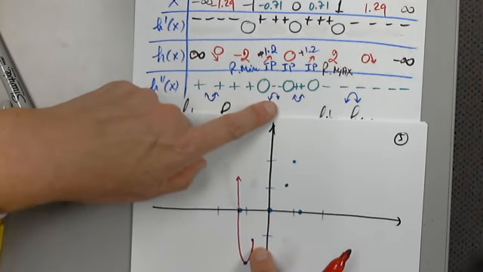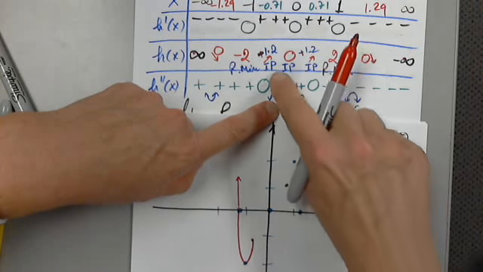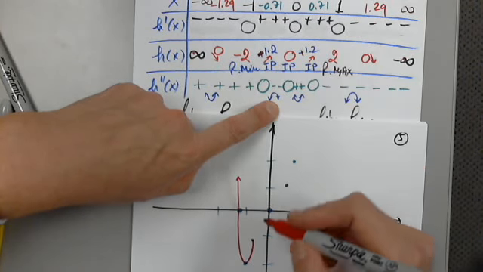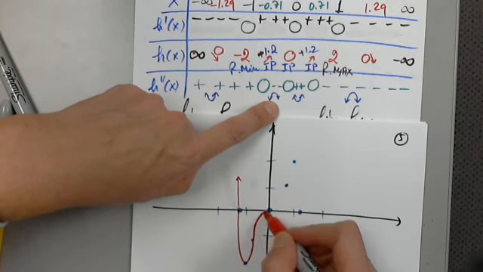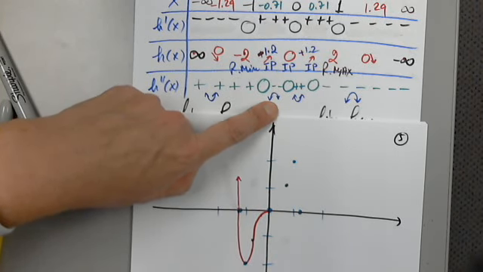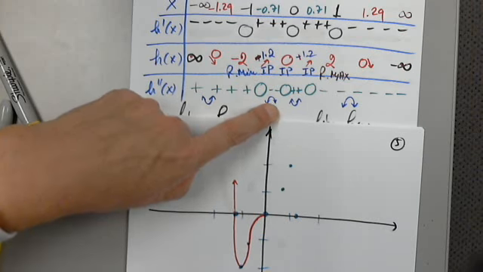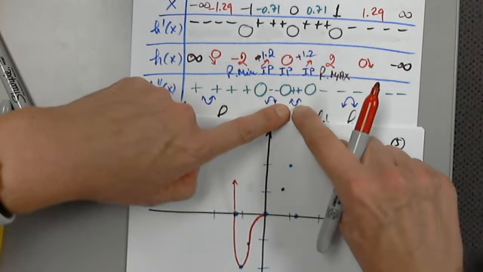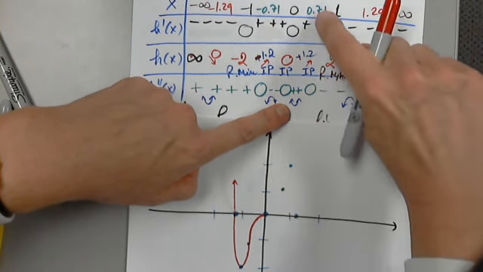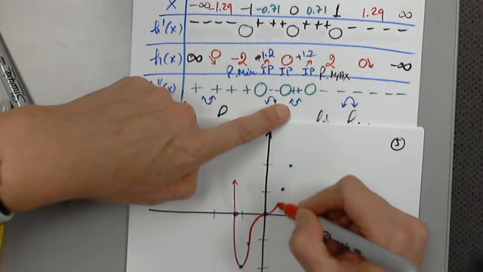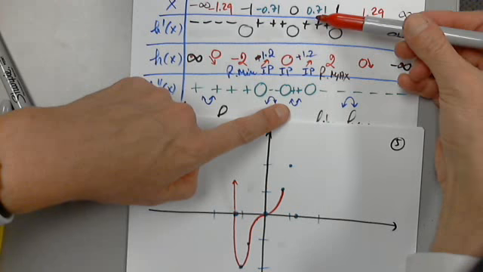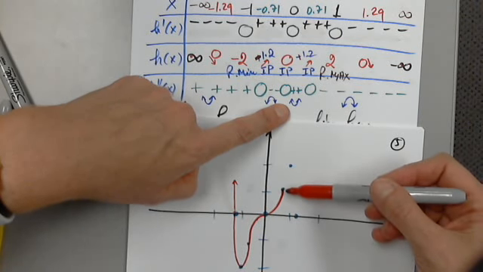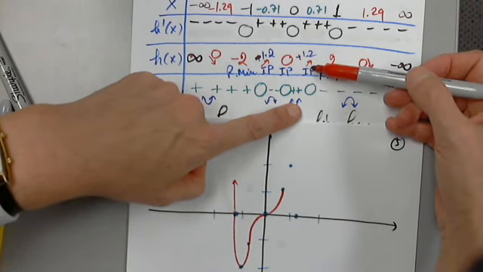All of a sudden it starts opening downward, but it's increasing towards 0, 0, where it has an inflection point. Now it changes concavity, increasing towards this point, opening upward, 0.71, 1.2. Continues to increase.